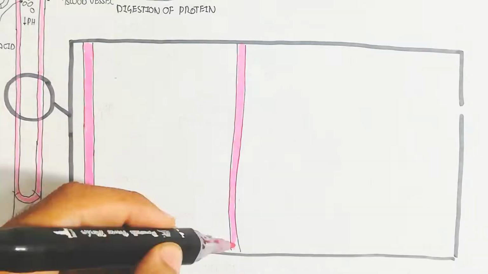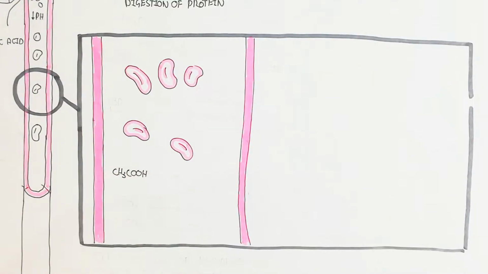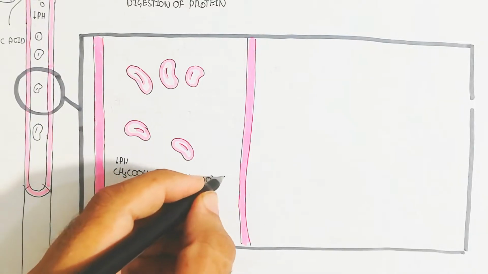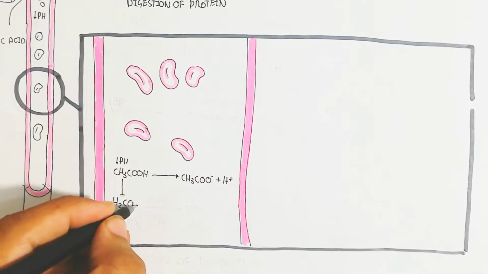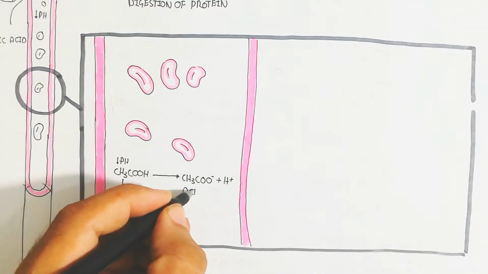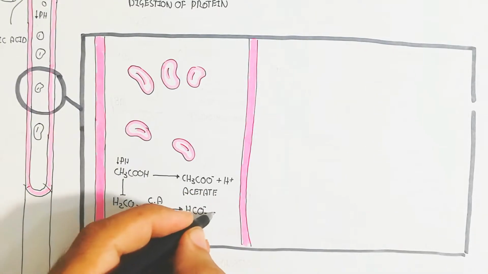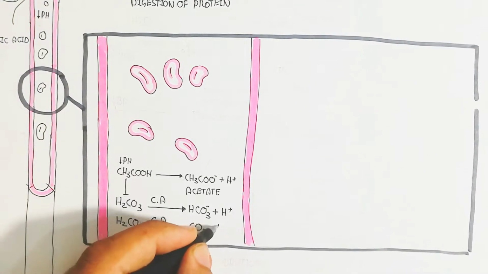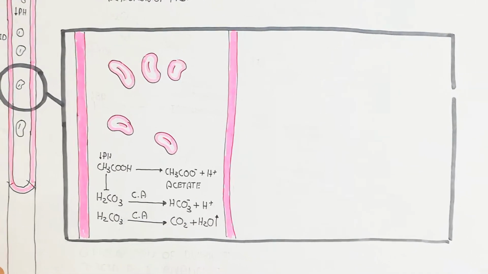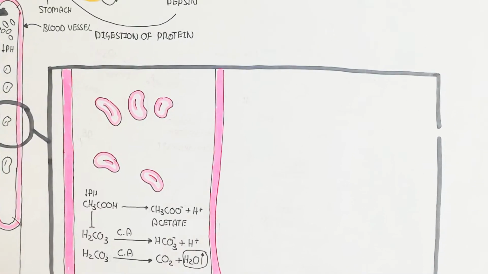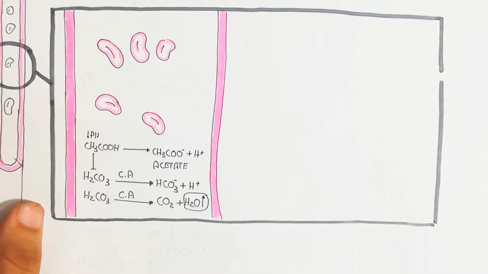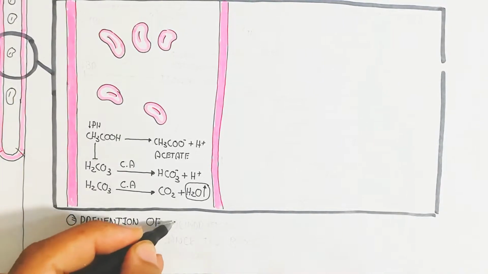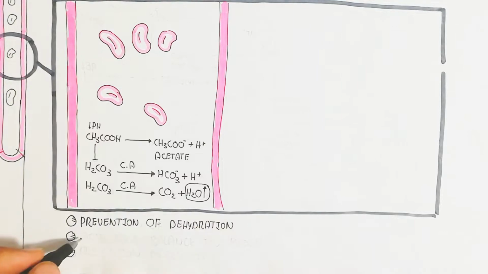After this, the acetic acid goes into the blood circulatory system. When the pH decreases, acidosis occurs. But in this case, the acetic acid decreases the pH and dissociates into acetate, which increases the pH, while inhibiting the carbonic acid dissociation, which increases the water.